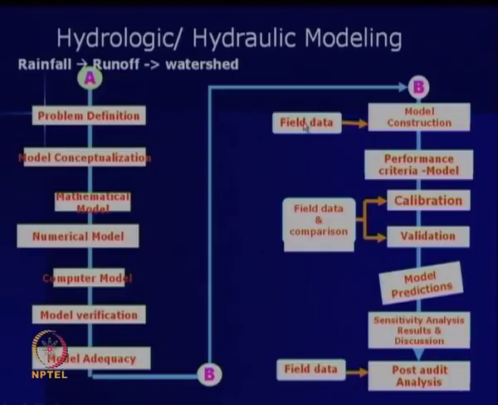There we need the field data, like rainfall pattern, rainfall intensity, or the various watershed parameters like size of the watershed, land use, Manning's roughness coefficients, the saturated hydraulic conductivity, etc. So, the field data is required to construct the model.